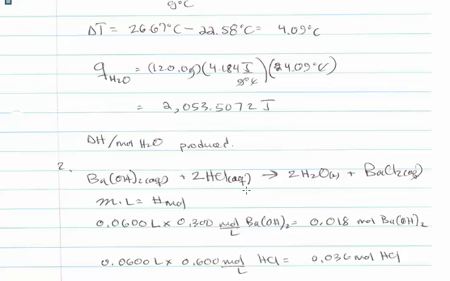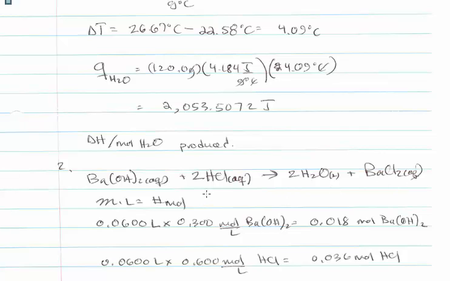And we know that when a hydroxide base reacts with an acid, we're going to form water and a salt. So barium has a charge of +2, so 2 hydroxides are needed. With 2 hydroxides, 2 protons are needed, and 2 waters will form. And then we also form barium chloride. So we see this as a balanced chemical equation.